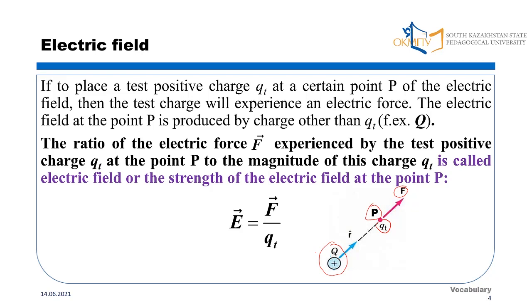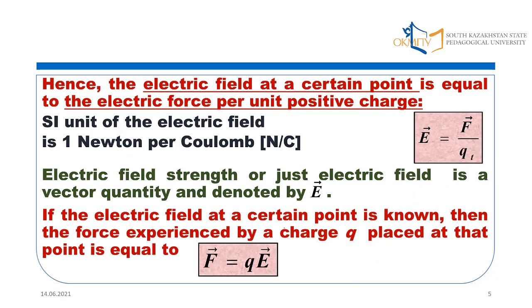So we see the electric field is equal to the ratio of the force that acts on the test positive charge to the magnitude of this test positive charge. Hence, the electric field at a certain point is equal to the electric force per unit positive charge. The electric field is a vector quantity, equal to the ratio of the force, a vector quantity, to the test positive charge.